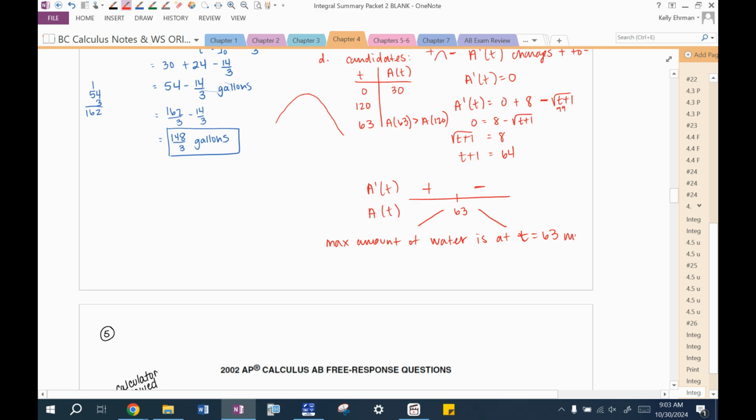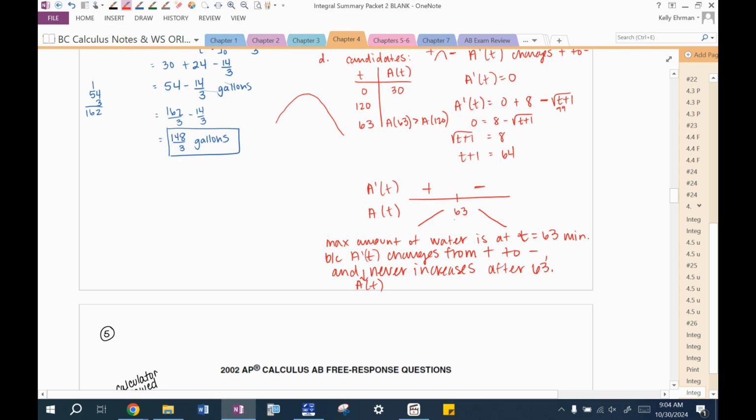Yes, 63 minutes, because A prime of t changes from positive to negative. And I'm going to say and never increases again. And A of t never increases after 63.